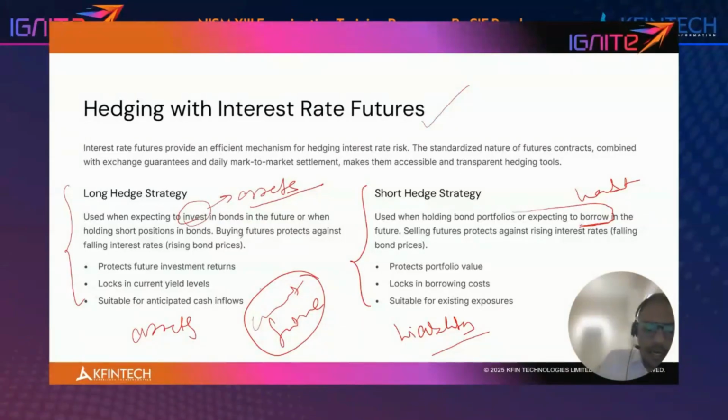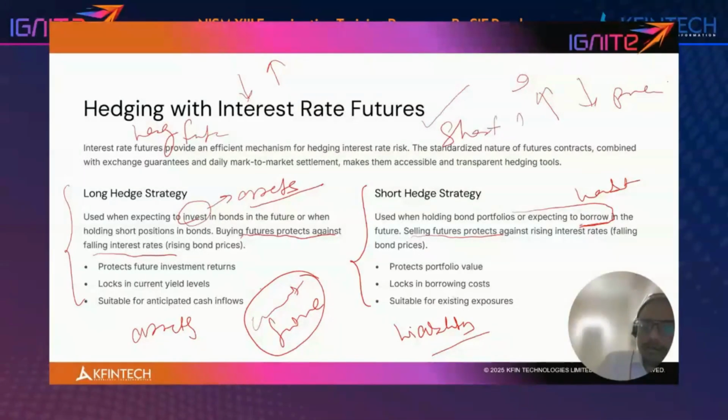To protect my asset, I can buy the futures, which protects against interest rates falling. Similarly, for borrowings, I can sell the future to protect my value against rising interest rates. So I can long the future to protect my asset, and I can short the future to protect my liabilities.